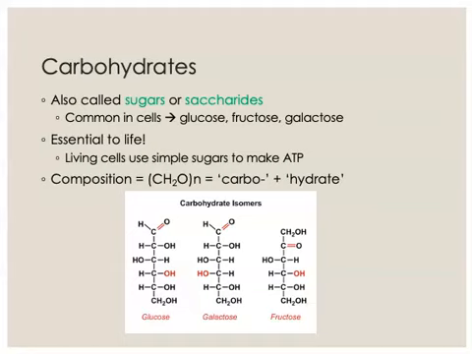They are the molecule that cells use to make ATP for energy, and they're also used to build other larger molecules. When we look at the term carbohydrate, it actually translates to carbon hydrate or carbon water.